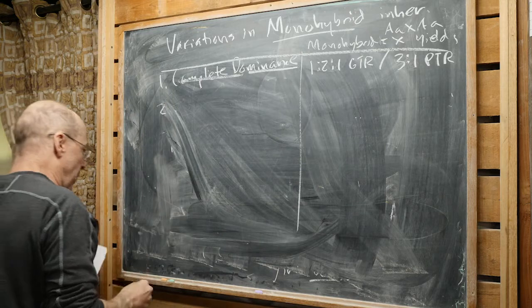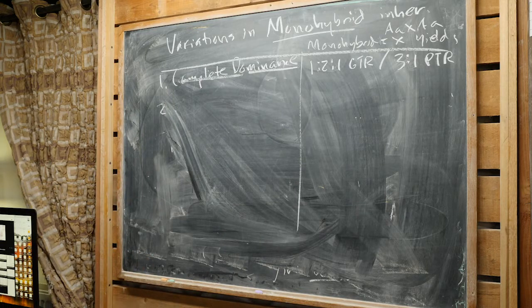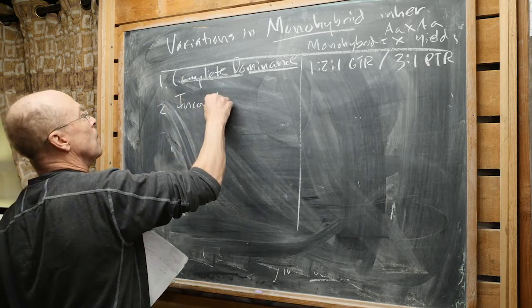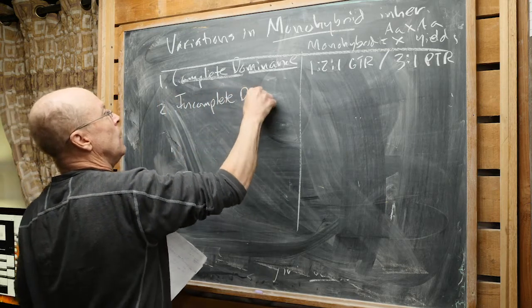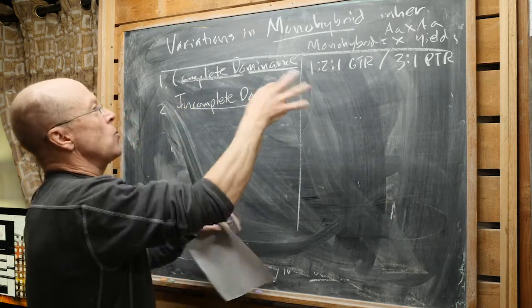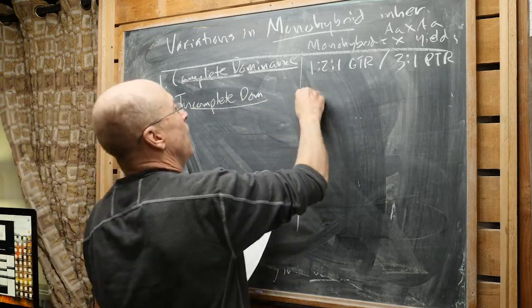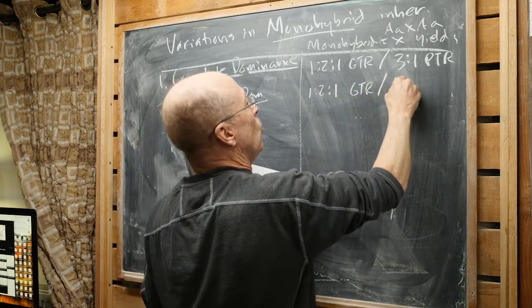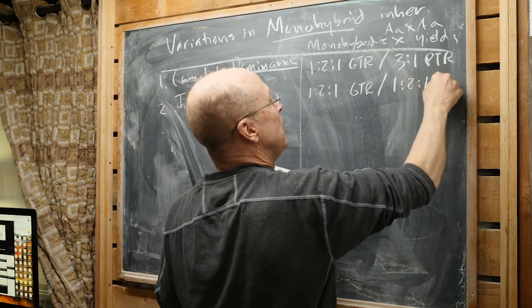And then the next kind of cross that we can mess with is incomplete dominance. So in an incomplete dominance monohybrid cross, you would get a 1 to 2 to 1 genotypic ratio and a 1 to 2 to 1 phenotypic ratio.